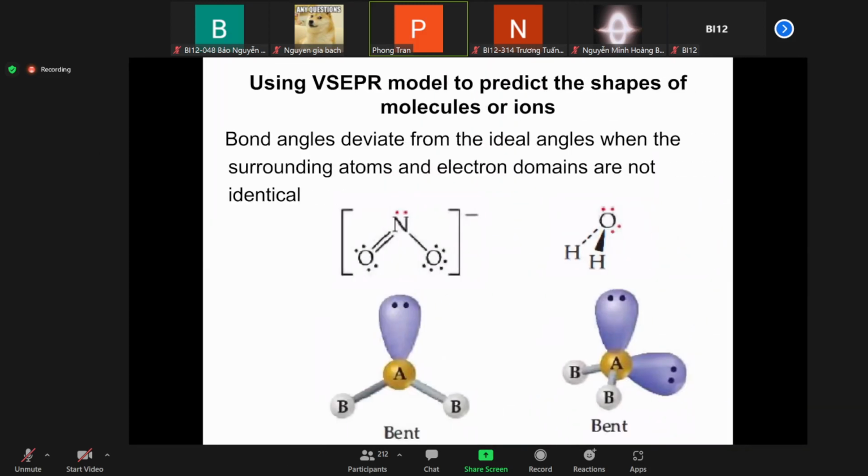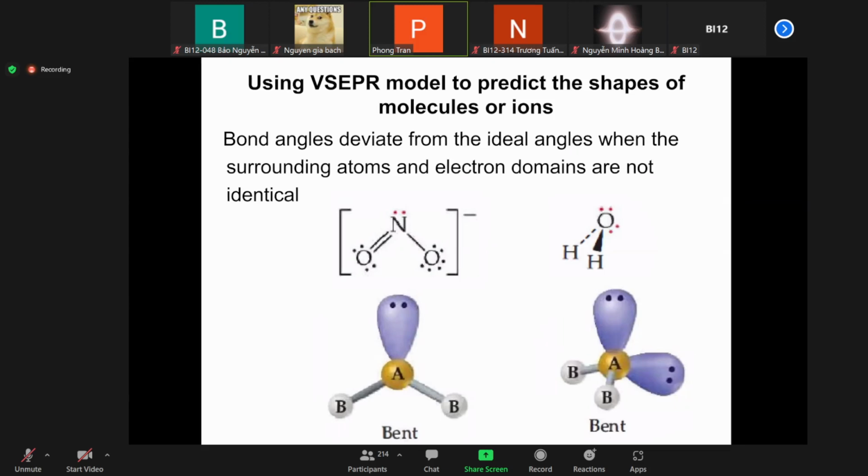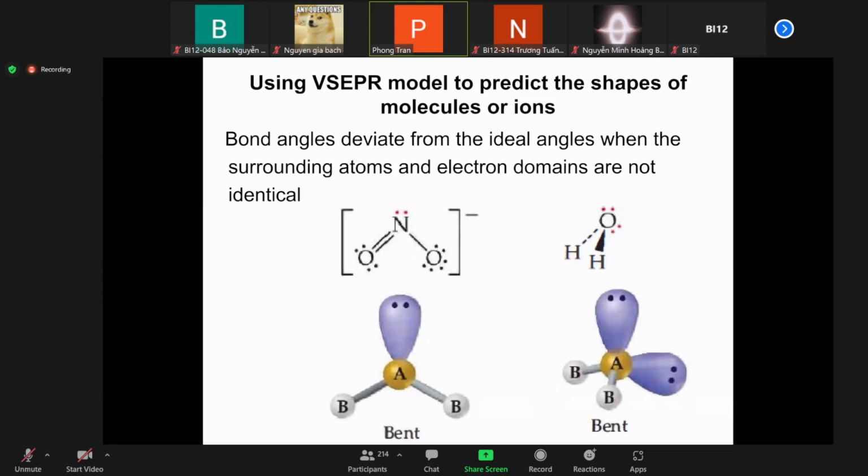So for example, when you take the molecule NO2, you have 3 electron domains. You have the bonding and non-bonding. So finally, for nitrogen, you have 3 electron domains.